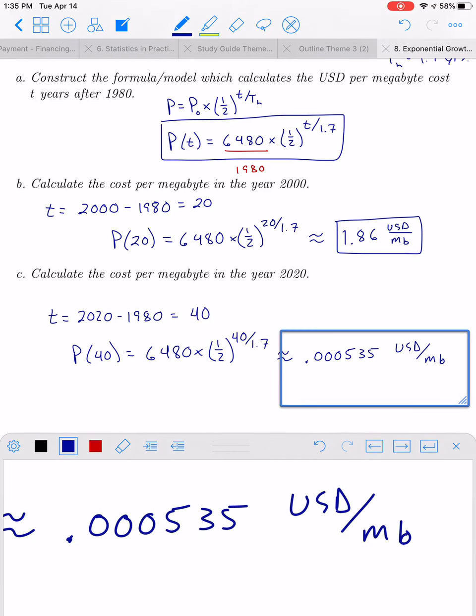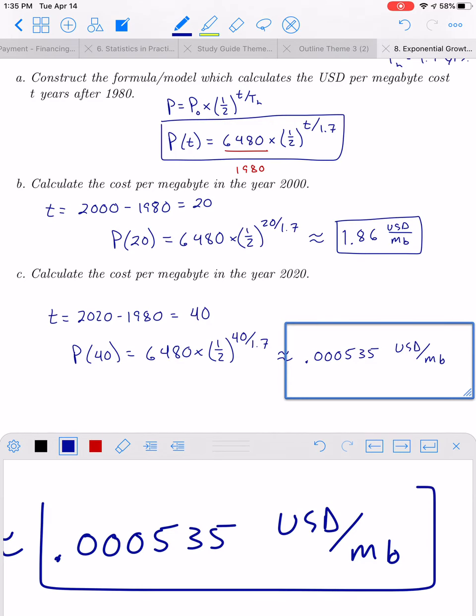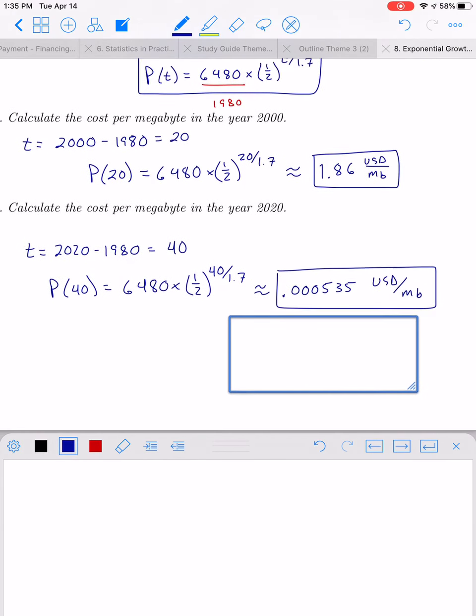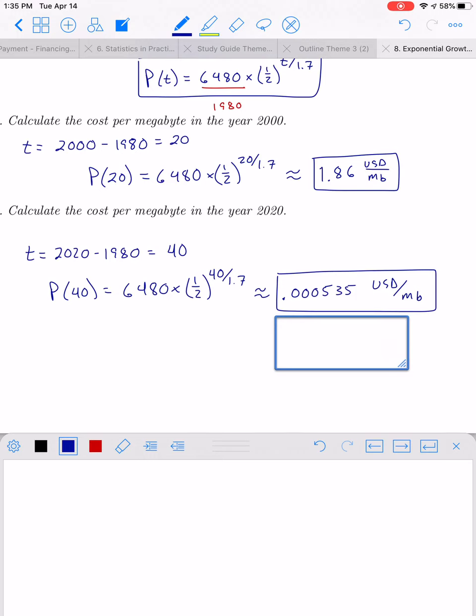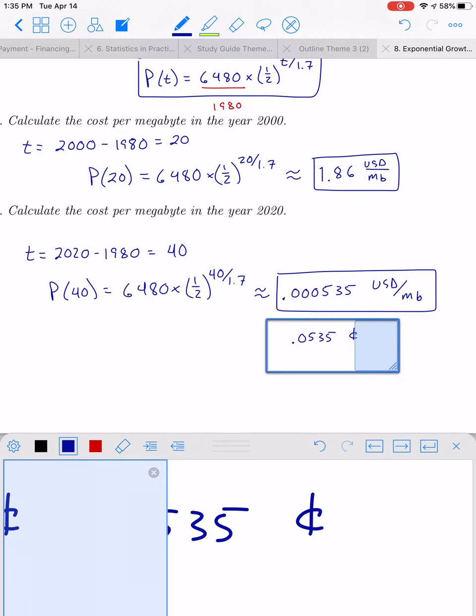So I can box that up and maybe think about it even more specifically. So $0.0005 doesn't quite make sense. Let's convert it to cents: 0.0535 cents per megabyte.